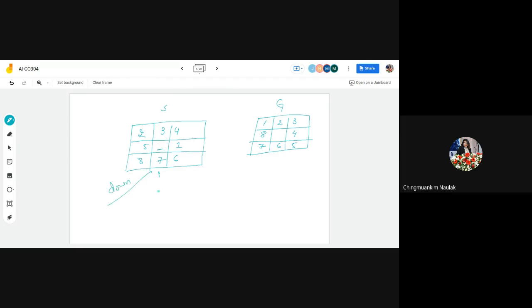You can move downward, upward, left, right. So you will try for all these possible moves. For this particular move in this direction, you'll keep on doing it here, and calculate the total path cost.